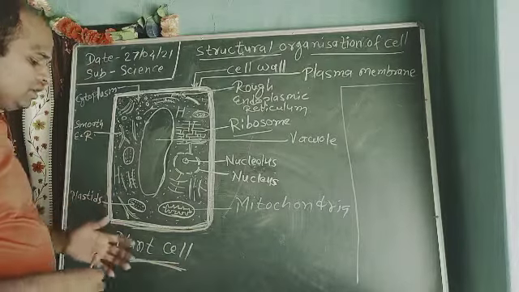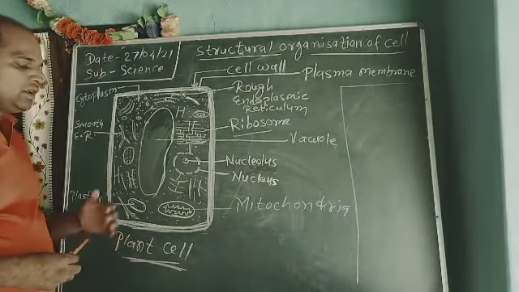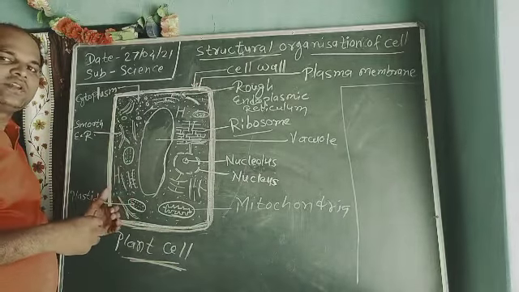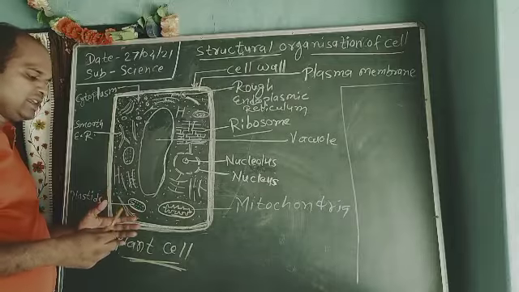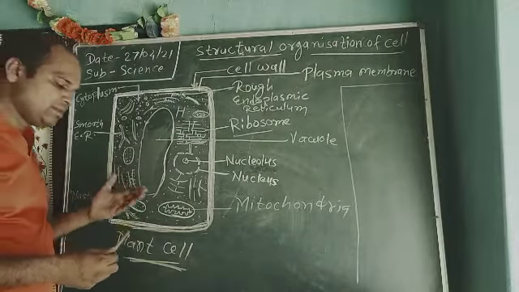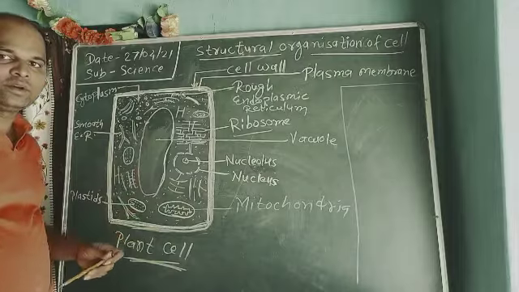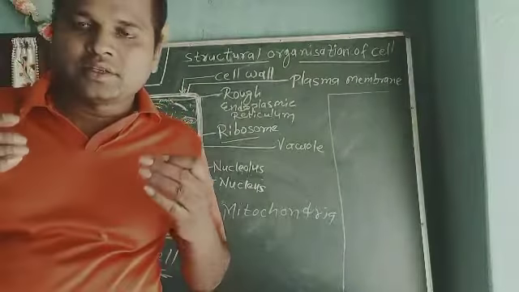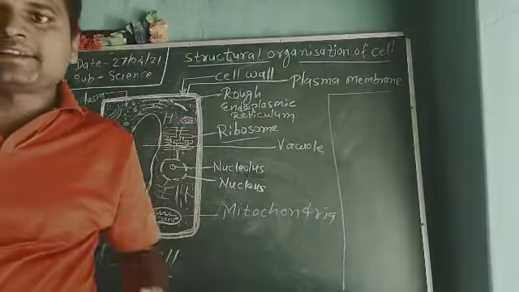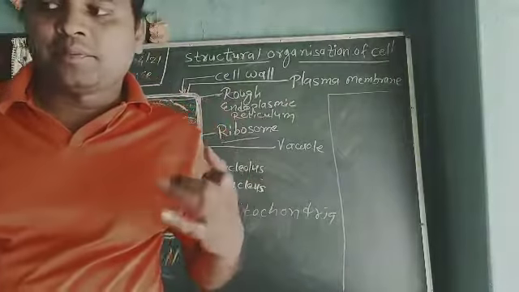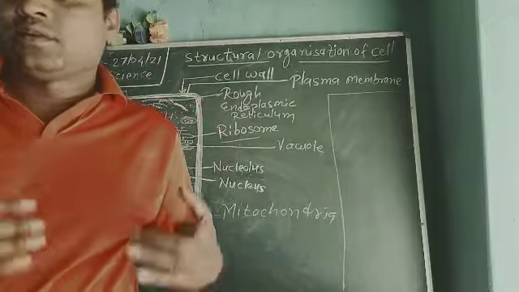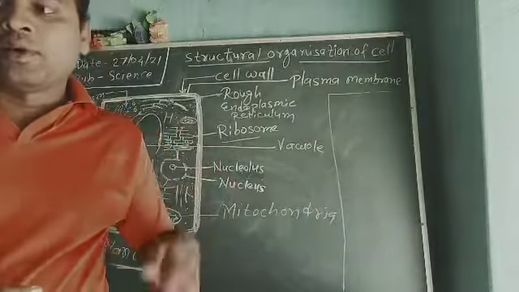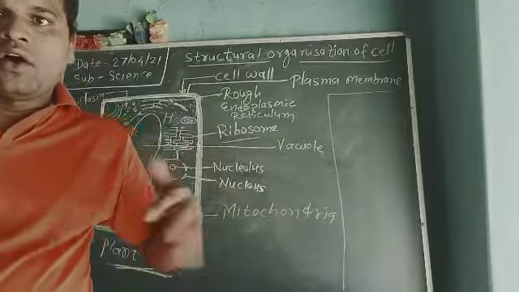Plant cell and animal cell have some differences, but mostly similarities. Students, you have just studied that cells have shape and size. The cells have special components called cell organelles.